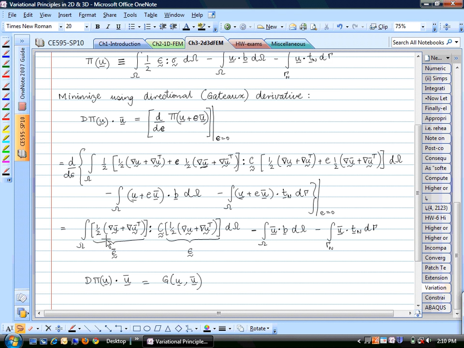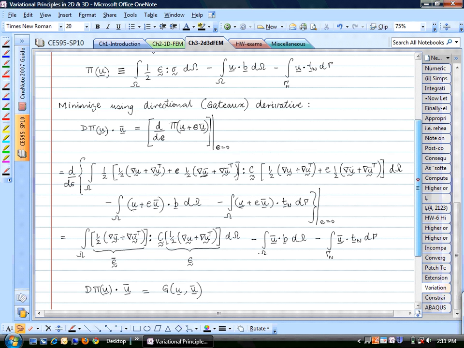This is the stiffness matrix, or you can say elasticity matrix, elasticity constants. This is the real strain, virtual strain, real strain, virtual displacement, body force, virtual displacement, and tractions on the edge. So this is nothing but your weak form, right?